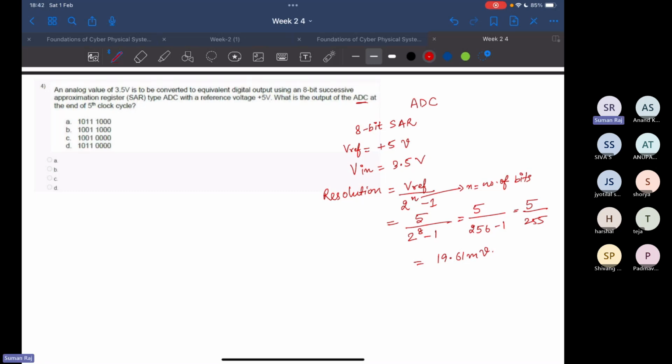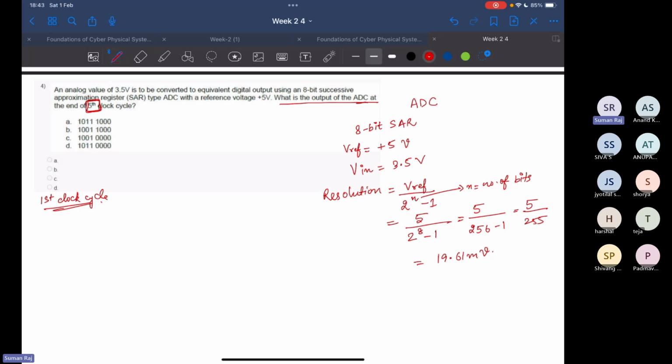All right. So now let's see. This is asking what is the output of the ADC at the end of fifth clock cycle. So make sure, because this is different in the current set. So now let's say we start with the first clock cycle. What was being taught in the theory is that every time you load a register in the first clock cycle, right?